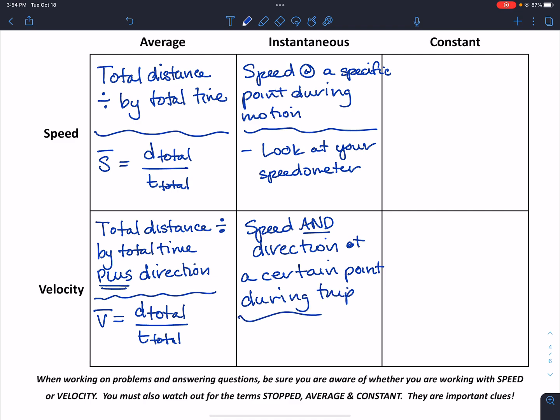So our speedometer still works here, but we also need to know what direction we are moving in. Some cars have those, and they'll tell you which direction your car is moving. But if not, you can use your eyes and figure that out. Constant speed, just like we saw before, means speed is unchanged throughout your trip.